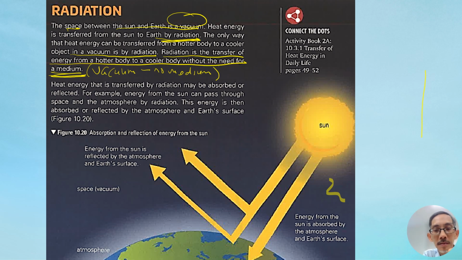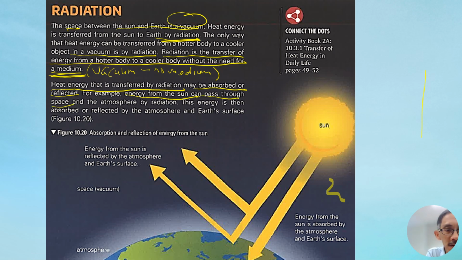Okay? So make sure you know the differences between these three methods of transfer. Alright? So if we continue with the second part of this slide, heat energy transferred by radiation may be absorbed or reflected. Okay, now the energy from the sun can pass through space, right?